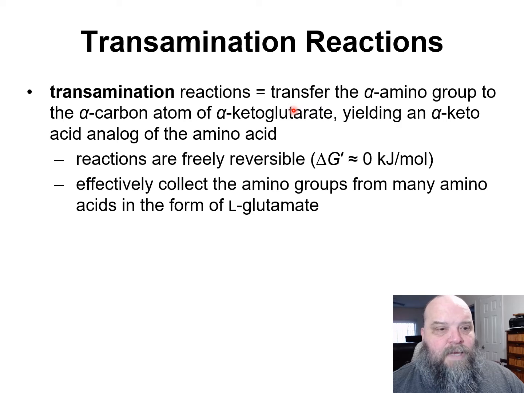These transamination reactions transfer the alpha amino group to the alpha carbon. Okay. Remember, the alpha carbon is going to be the carbon after the terminal carboxyl group. So, alpha amino to the alpha carbon of the alpha-ketoglutarate.